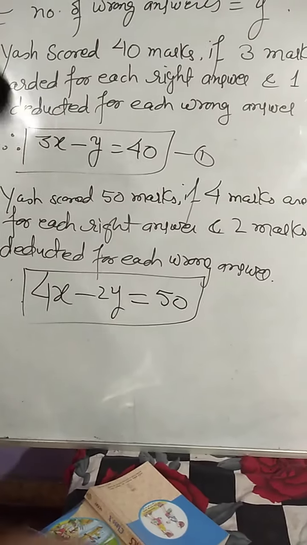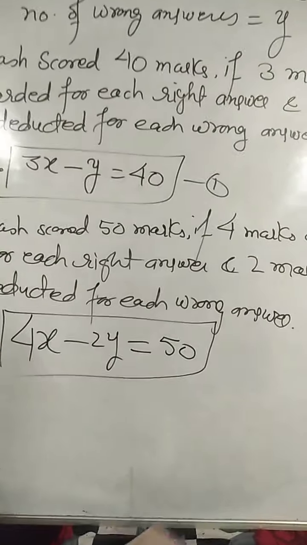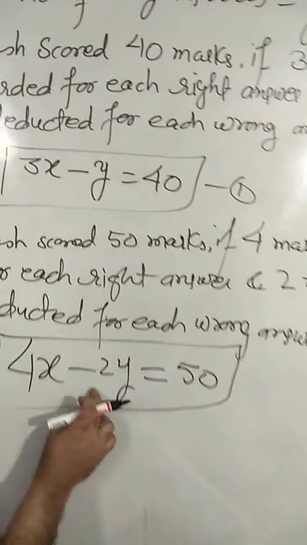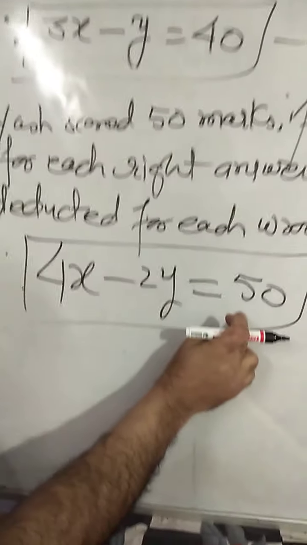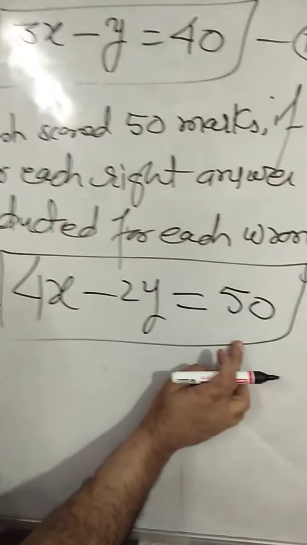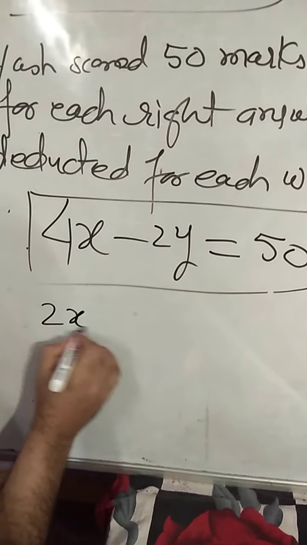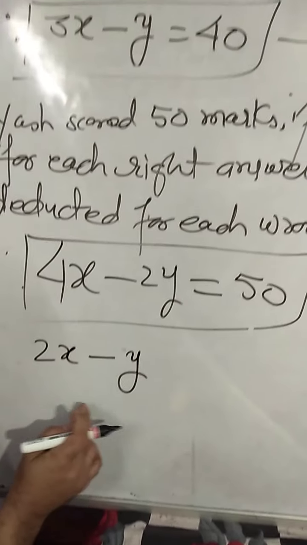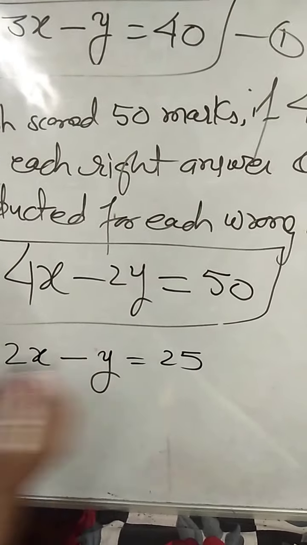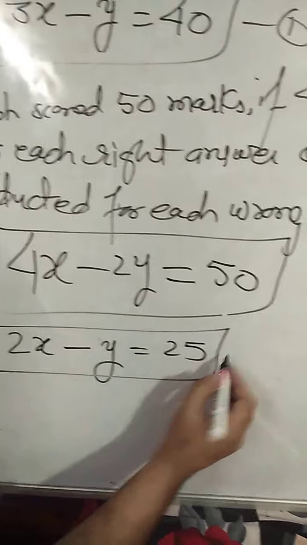But in this case, before numbering this equation, I can see something common in it. What is common? I can see 2 is common. Dividing both sides by 2, the equation will become easier: 2x minus y equals 25. Take this as equation 2, not the earlier one.